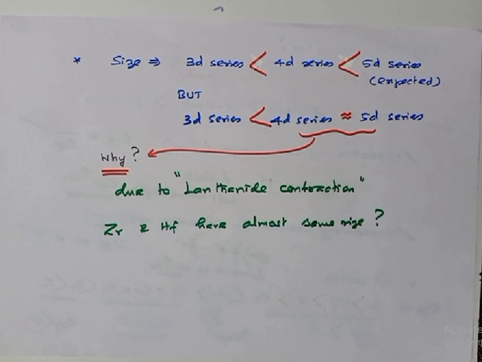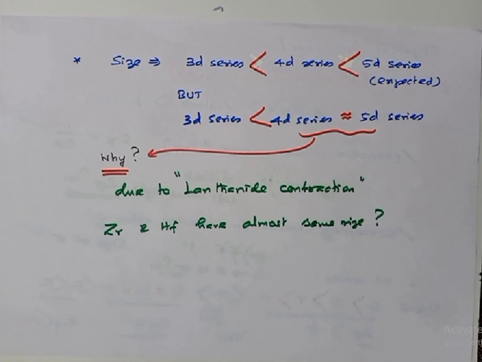Is this clear, student? Students, is this point clear? Yes, sir. Yes, take it down. Due to lanthanide contraction, zirconium and hafnium have almost the same size.